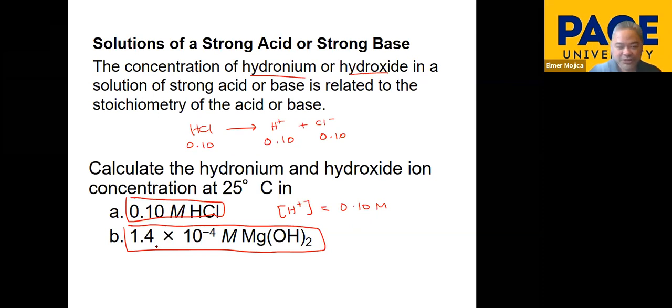Now, how about the magnesium hydroxide? Which one are we going to measure there? Magnesium hydroxide will give you magnesium 2+ and 2 hydroxide.